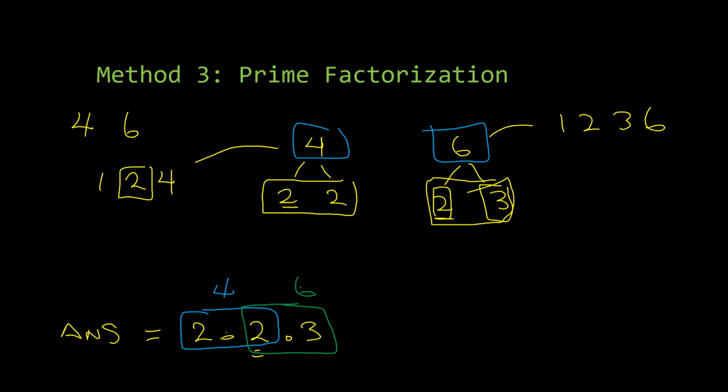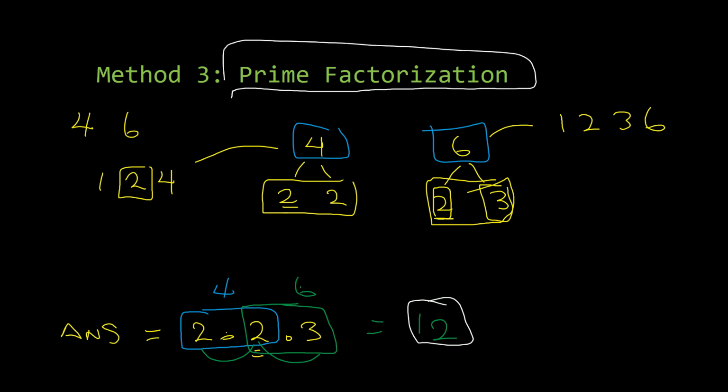Now if I simply multiply them, 2 by 2 multiplied by 3 will be equal to 12. And I can see right away that 12 will be my LCM. So when you consider all these methods, the best one to use is the prime factorization method, because when you practice this one, it makes it easier for you to do multiple values.